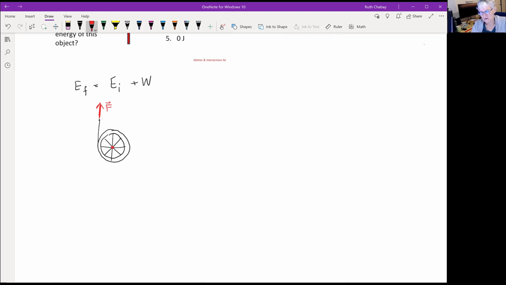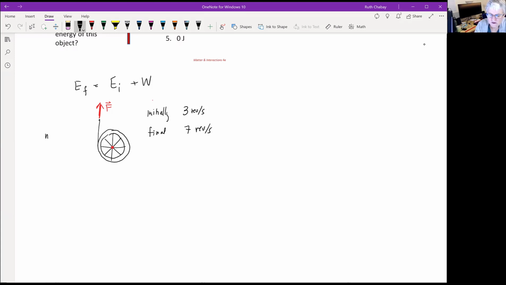So we can use the energy principle to calculate things like, if we pulled up for a while and the rate of rotation changed, how much work would we have done? So let's say initially it's 3 revolutions per second, and its final speed is 7 revolutions per second.